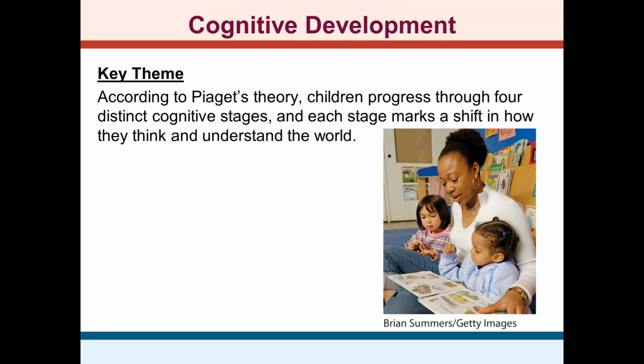Okay, so we've talked about some of the social factors as well as the biological factors. Now we're going to start talking about some of the psychological factors. Keep in mind, whenever I use the term psychological, more often than not I'm referring to cognitive type processes, okay? So one developmental psychologist who was a cognitive psychologist was Piaget.